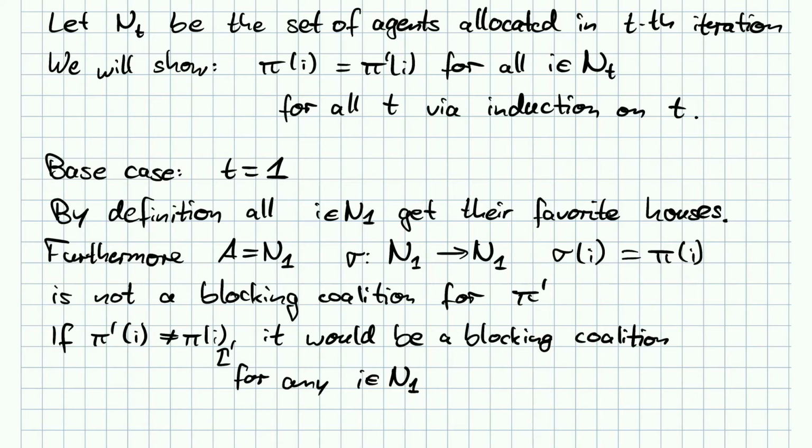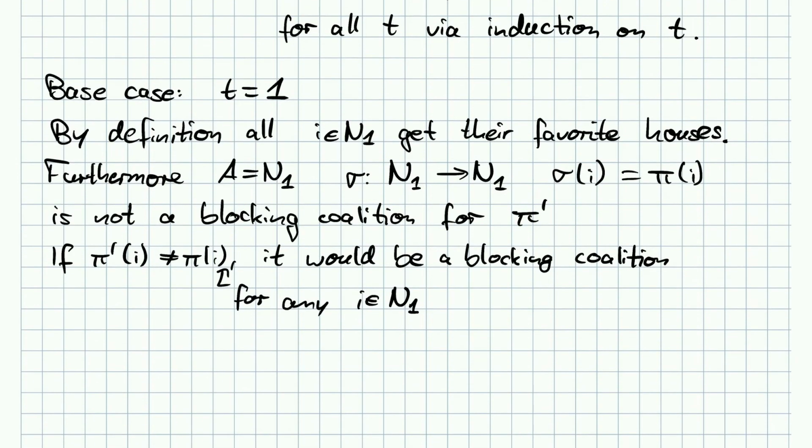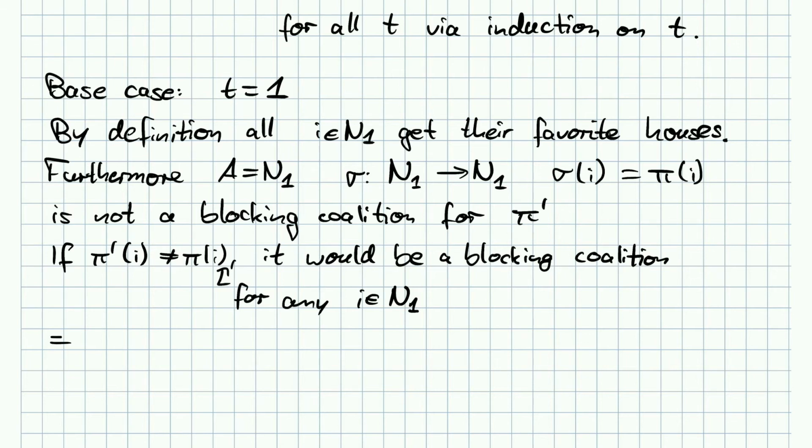So what they'll definitely have to get is what they're getting in pi of I. Good. So this means that pi prime of I is equal to pi of I for all I in N1.